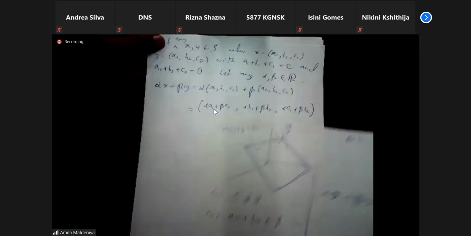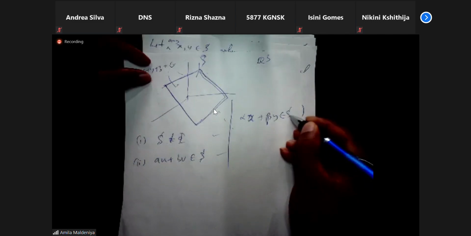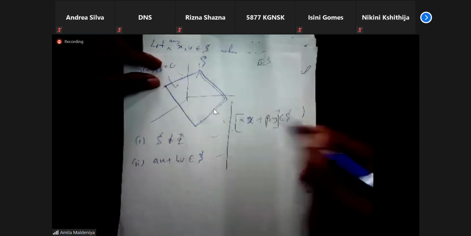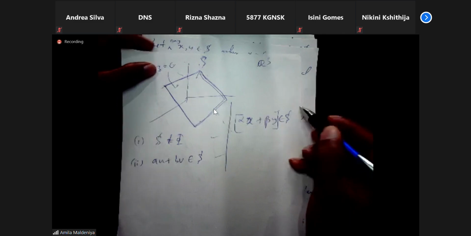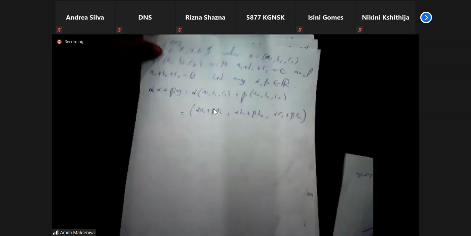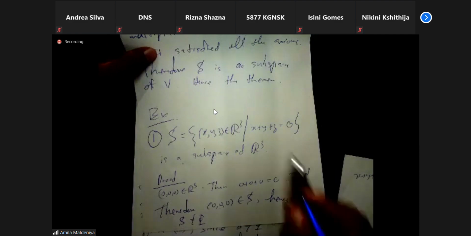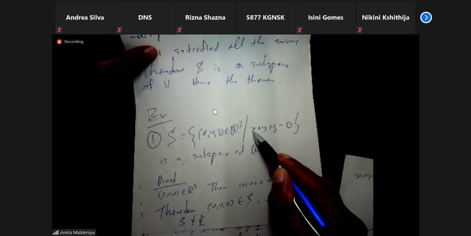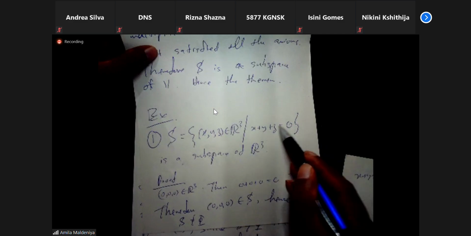Okay, I just simplify. Now what I want to check is whether this one is an element of S, that means closed. So how do we check whether this one is an element of S? You can take that point and check if it satisfies this condition, that means the X component plus Y component plus Z component has to be 0.